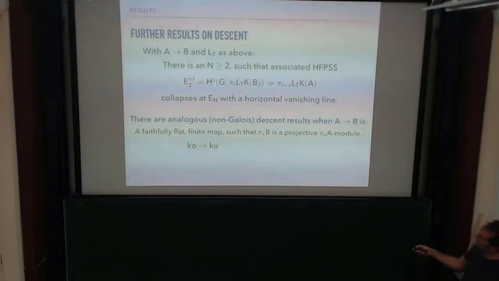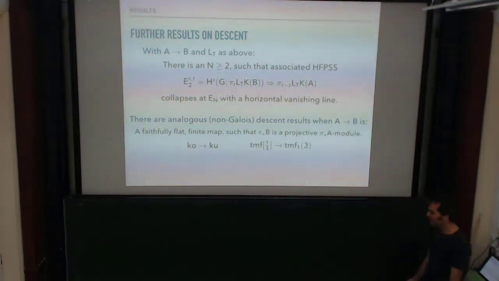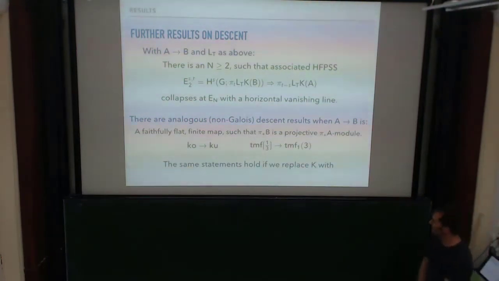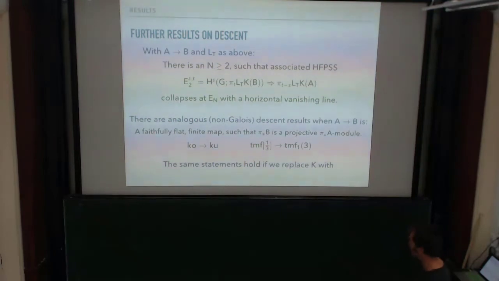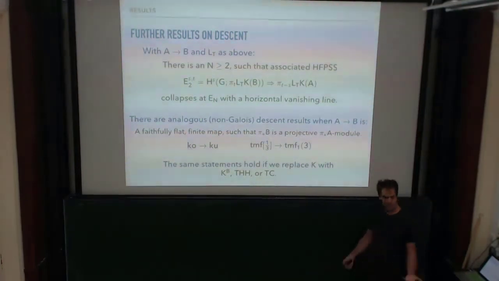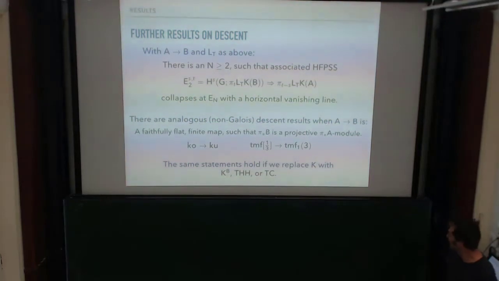So also for these connective covers of KL and KU, you get a descent result there. And for TMF with 3 inverted, passing to its level structure version, we will get these descent results. Also, we didn't really need to take connective algebraic K-theory. I could take its non-connective form. I could take THH, TC, any localizing type invariant.